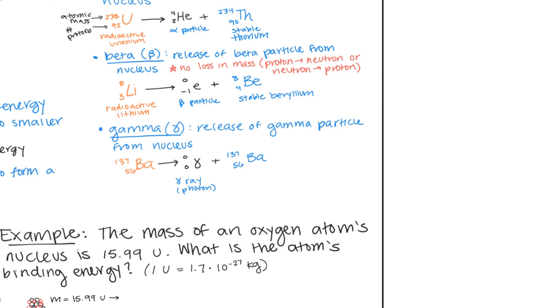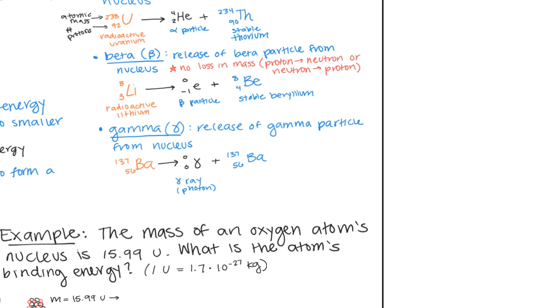We also could have beta decay, say in maybe a smaller atom, because our smaller atoms like to undergo beta decay as opposed to alpha decay because they're losing quite a bit when they undergo alpha decay. So beta decay is releasing a beta particle in a nucleus. A beta particle could be a positive charge or a negative charge, and I will explain what that means in just a moment.